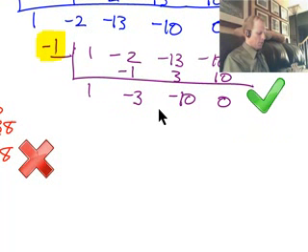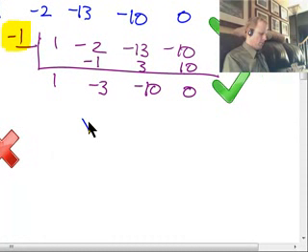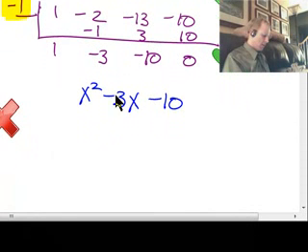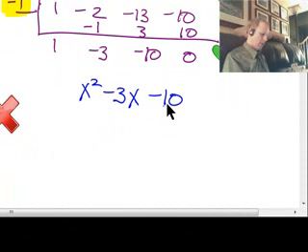Okay, now I'm down to 3 numbers and a remainder of 0. So the easiest thing to do to find the 2 remaining roots is to convert those numbers into a quadratic expression and then factor. So here I would need 2 numbers that multiply to give me negative 10 that add up to negative 3.